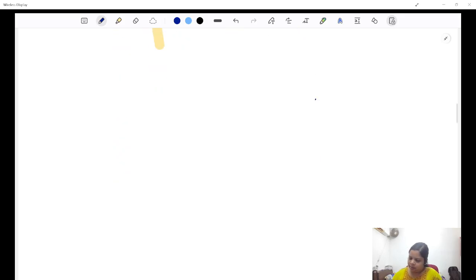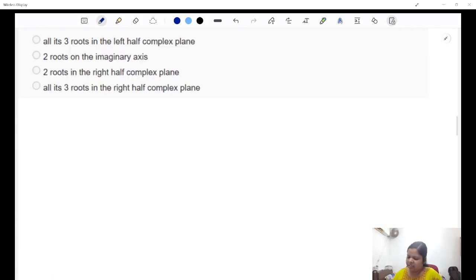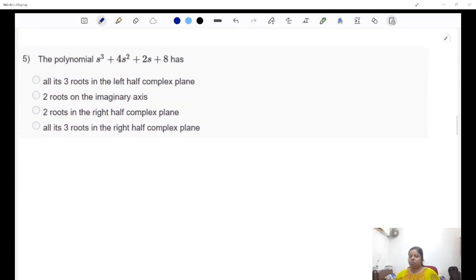Okay, let's move to the next question. This is really simple. It's just doing practice for Routh's array. Okay, let's go about this. Again we have to check. So I'll write s cube, s square, s to the power 1, s to the power 0: 1, 4, 2, 8. It's going to be 0.